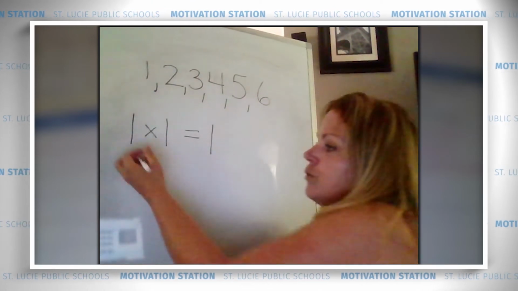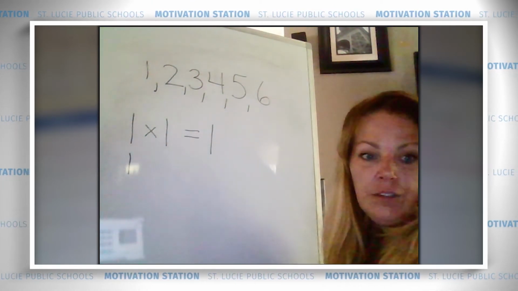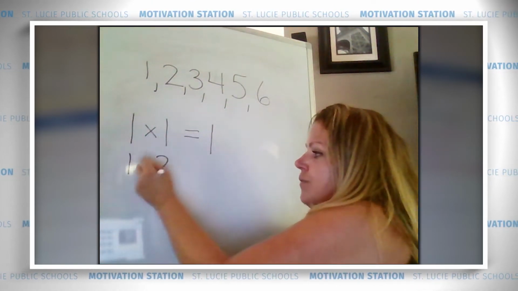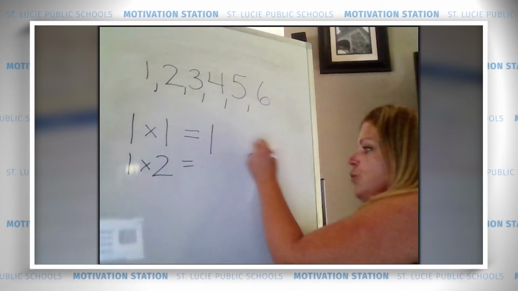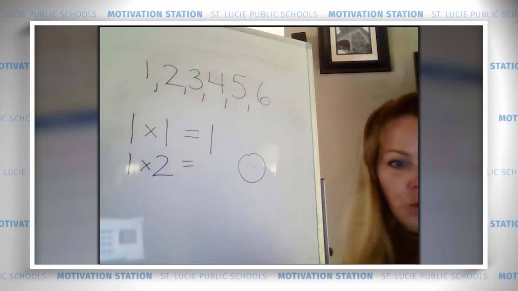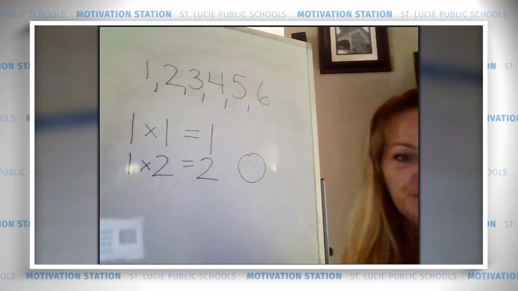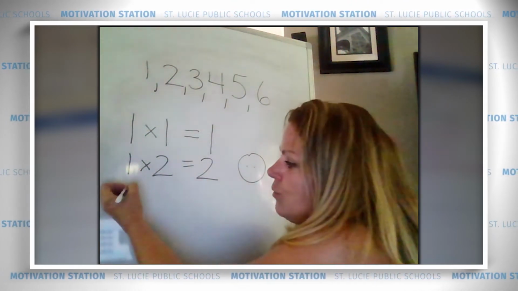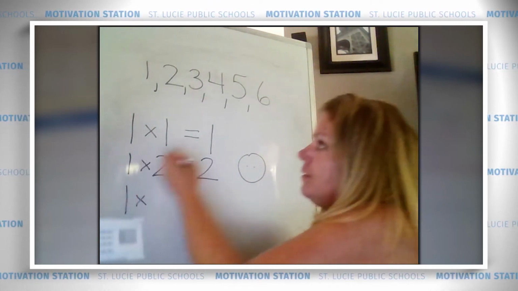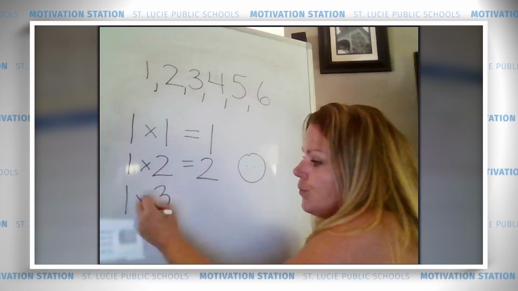So what if I first rolled a 1 as a factor, and then I rolled a 2 as a factor? One group of 2 would give me a product of 2. Okay? Let's say I rolled a factor of 1 again, and then I rolled a factor of 3.